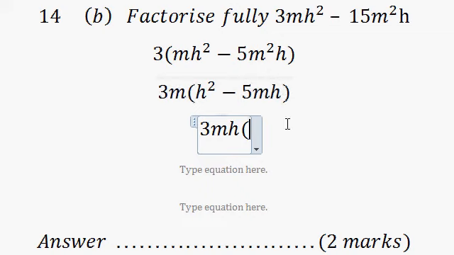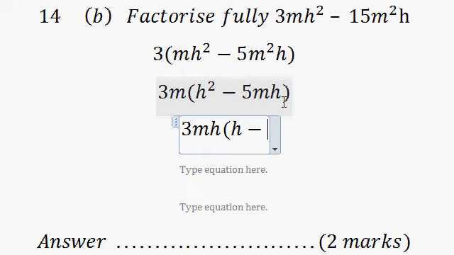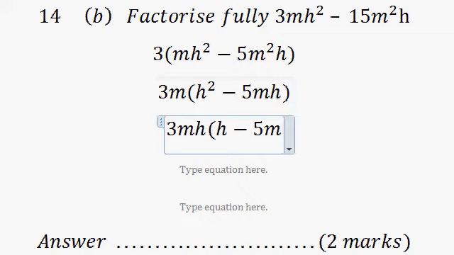So h squared divided by h is h. We can check that answer. 3mh times h would give us 3mh squared. Minus 5mh divided by h, h divided by h is 1, so it leaves us with 5m times 1, or simply 5m, in this case minus 5m, and we can check the answer. 3mh times minus 5m would give us minus 15 m times m squared h, so minus 15m squared h, which is correct.